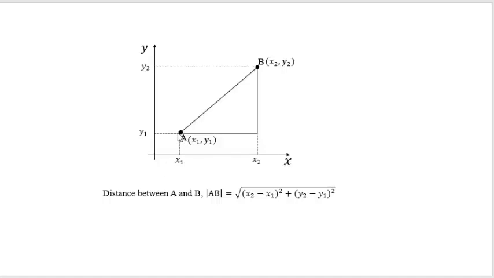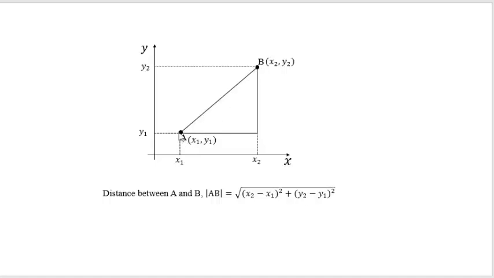So we have point A and point B. So we are going to look at the distance between them. We said that a line is obtained by joining 2 points. So we have the point A and point B, which are joined by a straight line. So we are just going to look at the distance between the point A and point B.